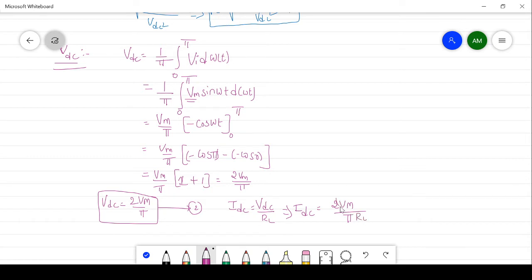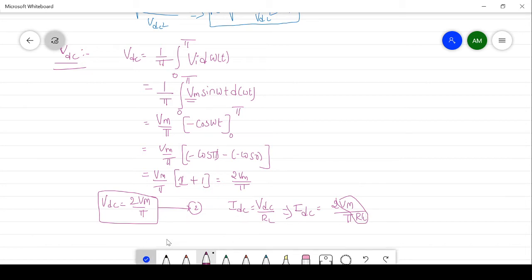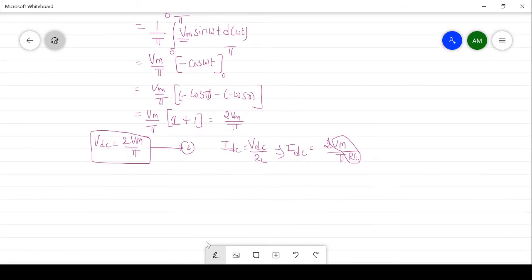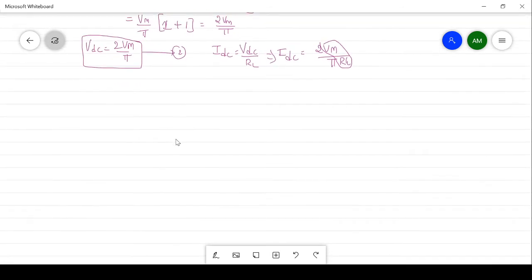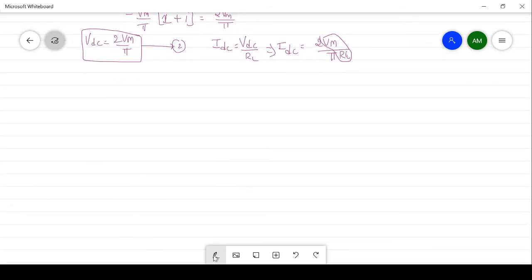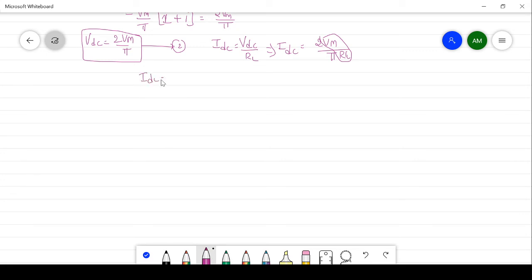Again, Vm by RL is nothing but Im, from Ohm's law only. So Idc is equal to 2 Im by pi. This is equation 3.